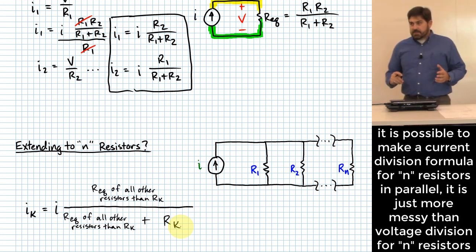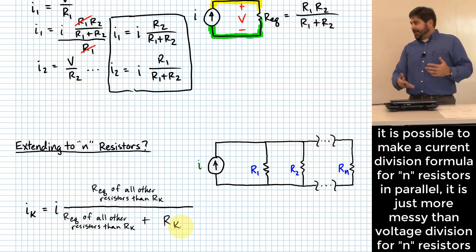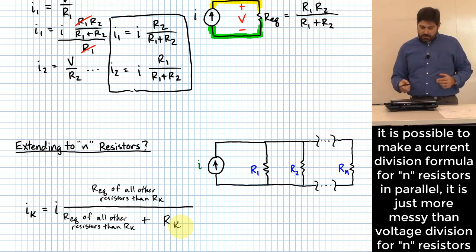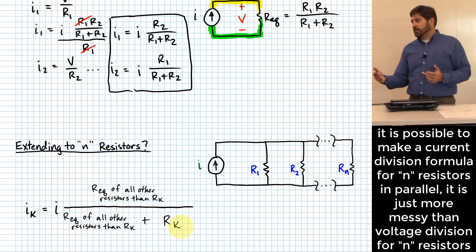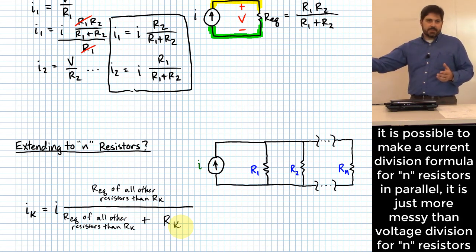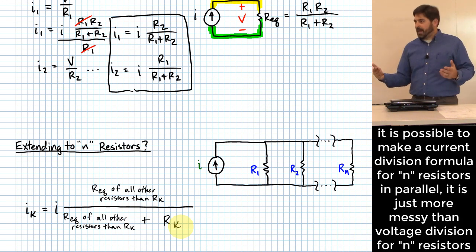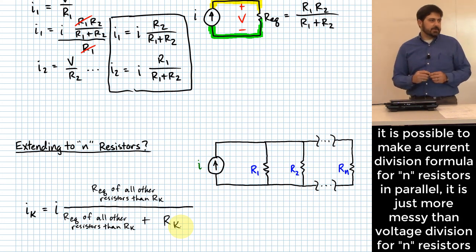So the reason that this is not usually presented, the idea of doing this for n resistors, is that it's debatable as to whether or not this is actually a shortcut, right? So I'm showing it to you that this is what it would have to look like if you wanted to do current division for n elements. And most people don't do that because it's not actually helpful, right? It doesn't actually make it any more efficient, in most cases, I would say.